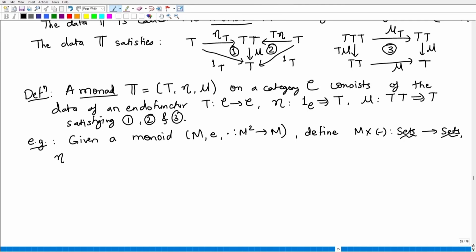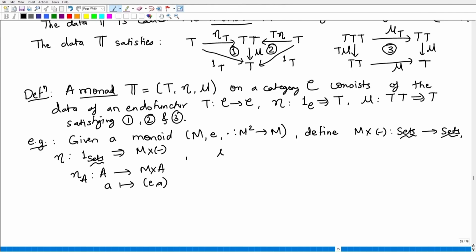Then what is eta? Eta should go from the identity on sets to M cross blank. Okay. So, what will be eta sub A? Eta sub A is a map from A to M cross A. What should it do? It takes an element little a and maps it to E comma A. Very good.